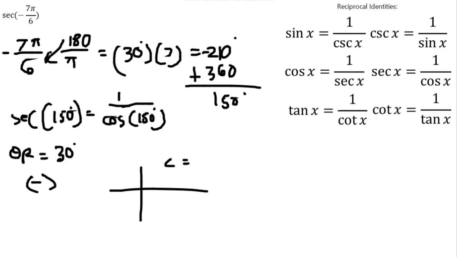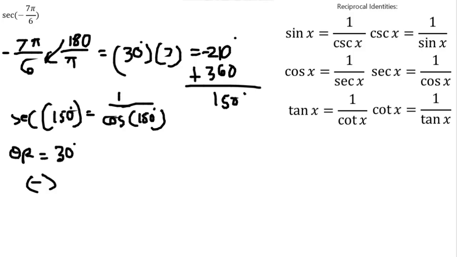It's actually negative here, because cosine in quadrant 1 is positive, and cosine in quadrant 2 is negative. It's positive again in quadrant 4, which is too far away from our angle. Our angle is only 150 degrees.